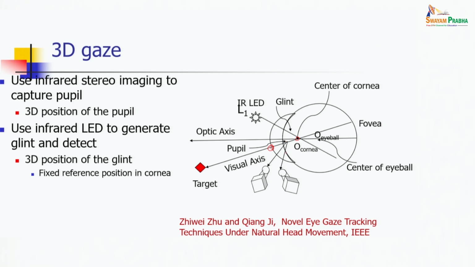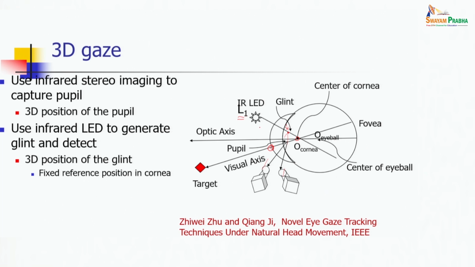So, suppose you get this point again using these camera locations. This is a stereo camera, and so you get this point L prime, L1 prime, and you also get the location of the infrared LED. It is calibrated, its location is known.